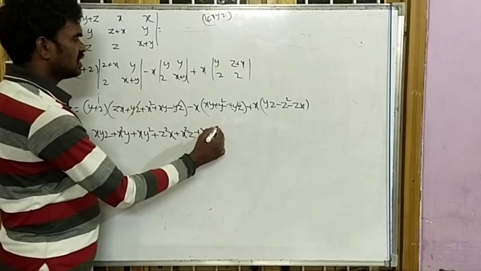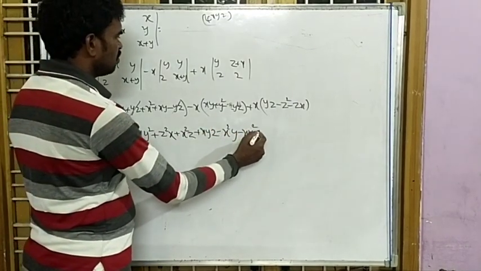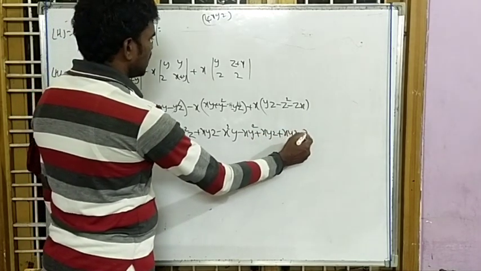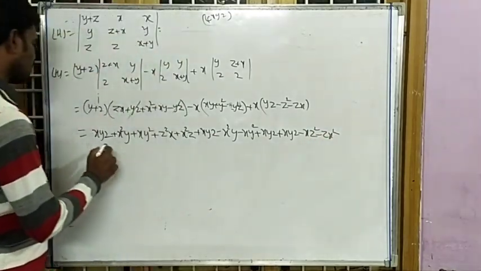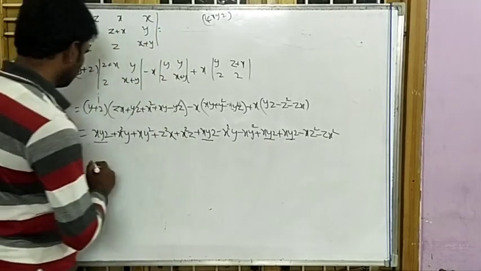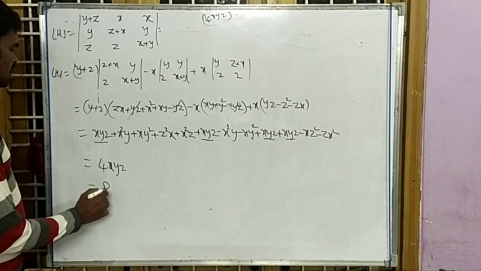Now minus x into xy, minus x square y, minus x into y square, minus into minus plus xyz, plus xyz minus xz square minus zx square. See, xyz, xyz, xyz, xyz, 4 xyz terms are there, the remaining all are cancelled.